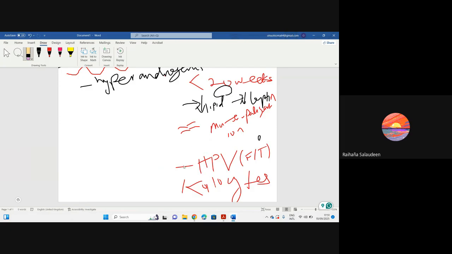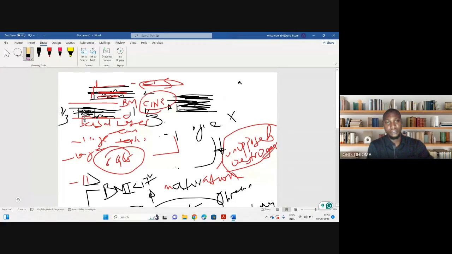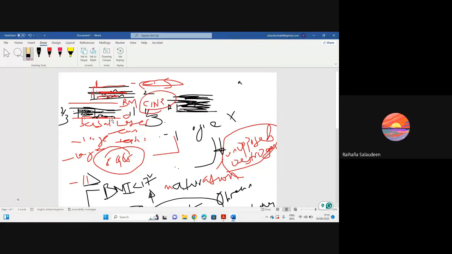The basement membrane, once it is pierced, then there is invasive cervical cancer. Yeah, that's what I was trying to say. That's what I was just trying to illustrate here, basically. Okay, you are saying that the two of them are opposed together. Yes, the basement membrane is below the basal layer, not above the epithelial.